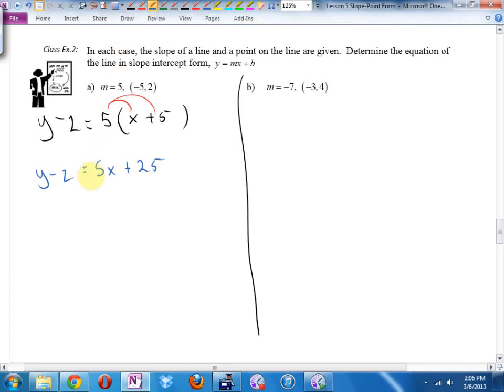Now what? The equation in slope-intercept form is y equals 5x plus 27. What's the slope? 5. What's the y-intercept? Positive 27, or 0 comma 27.